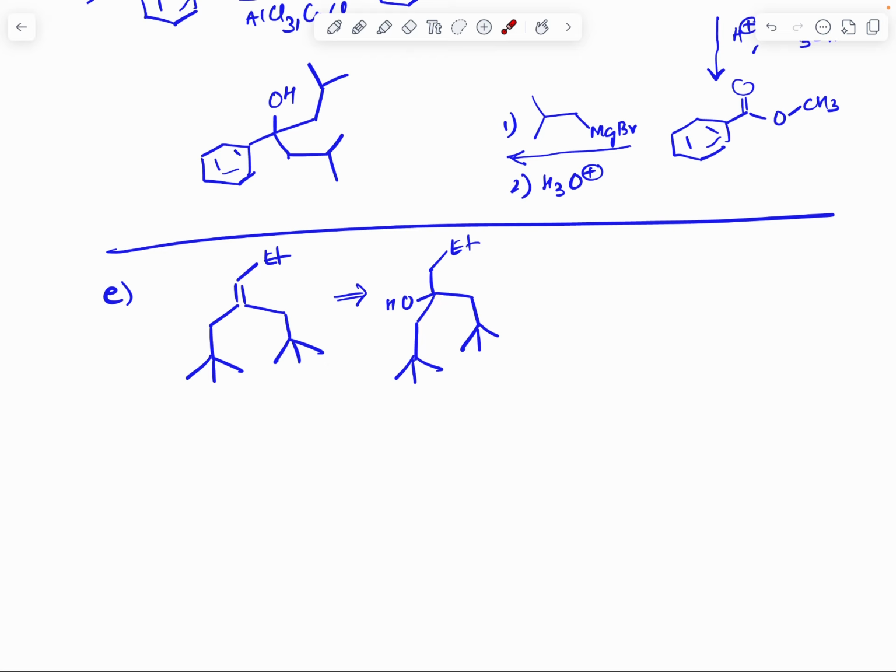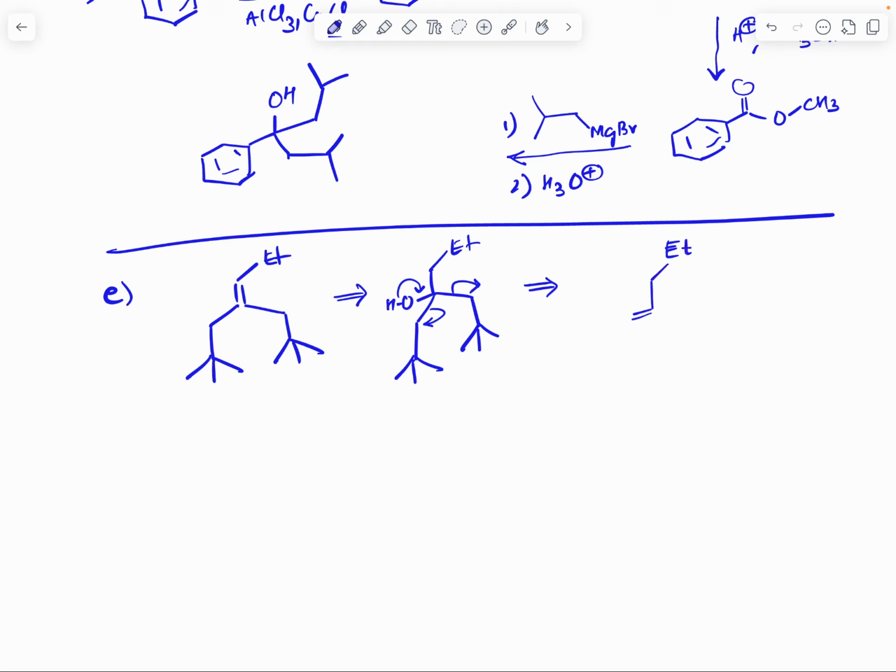Okay, so then the next question is, well, how do we make this compound? Well, from the ester. So let's adopt that same strategy. If we throw that bond down, that bond breaks off, that bond breaks off. So really our ester is, I'm going to rewrite this first: Et, that's two carbons, that's the third.